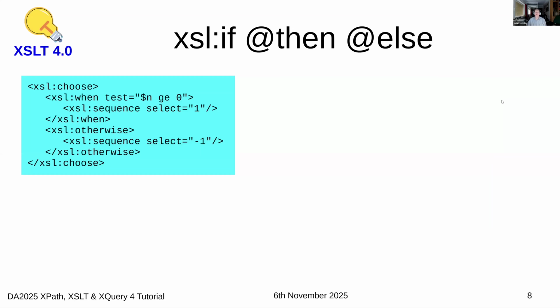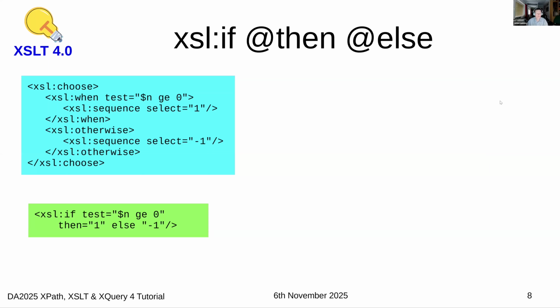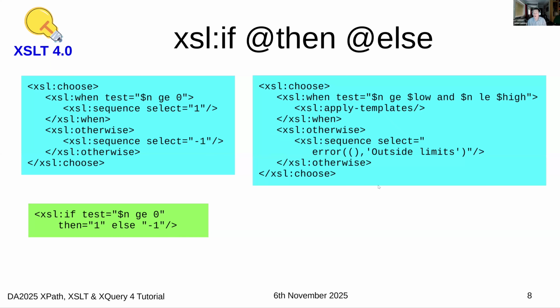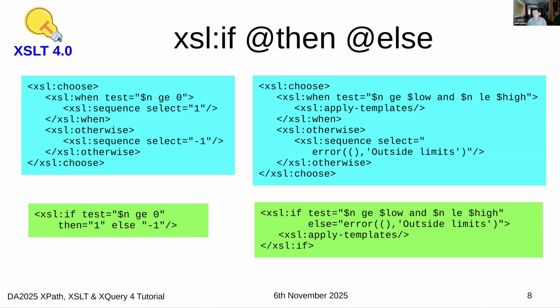If and then: we've often had to use choose when you've got multiple branches, and basically you can now put an if with a test, and you can put a then and an else when the values are XPath expressions. And in a case where, for example, you might have had a sequence constructor, you can still do that.